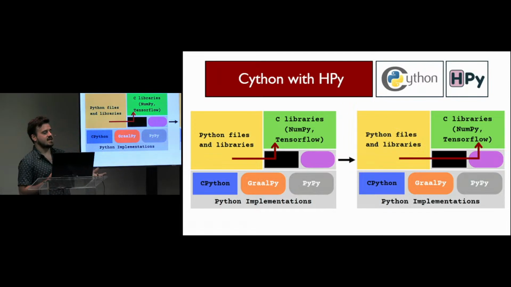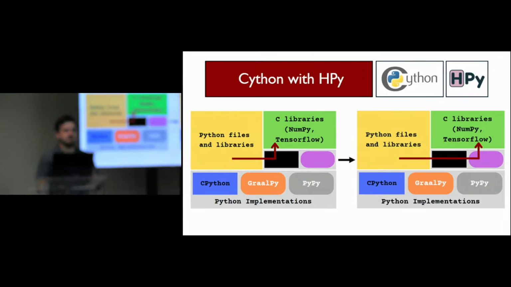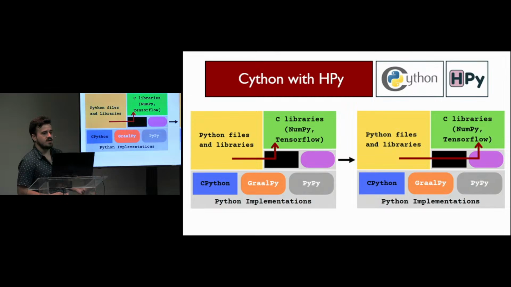In these cases, we just create a C macro so that when you compile, you can choose whether you want Cython to create an HPy library or a C API library. Depending on which one you choose, the macro turns into the HPy function or the C API function. That way we maintain Cython's ability to generate C API code along with adding the ability to generate HPy code.